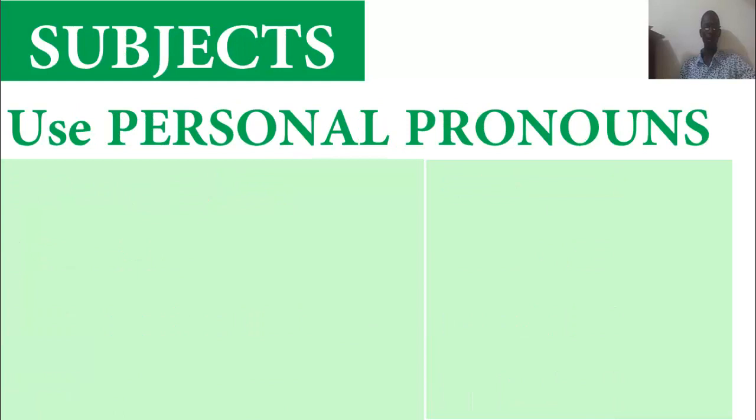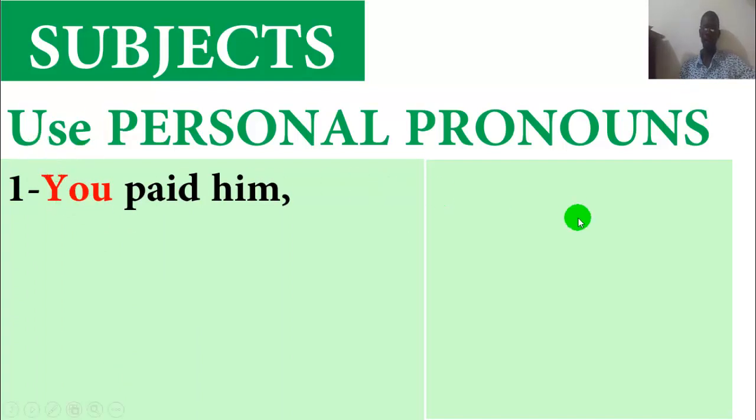Now, choosing the subject. How to choose the subject? The subject very often must be a personal pronoun. We use personal pronouns for subject. I, you, he, she, it, we, you, they, normally. You paid me, here you have you, we repeat you. Didn't you?